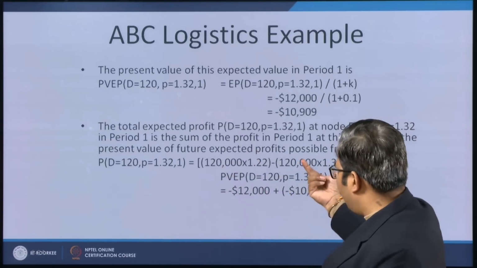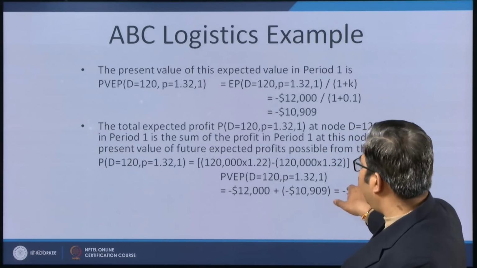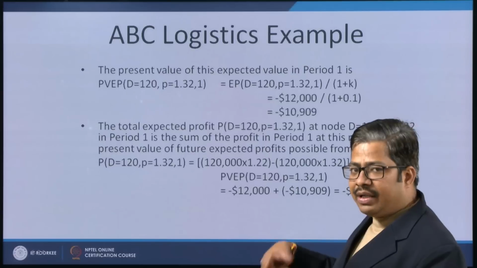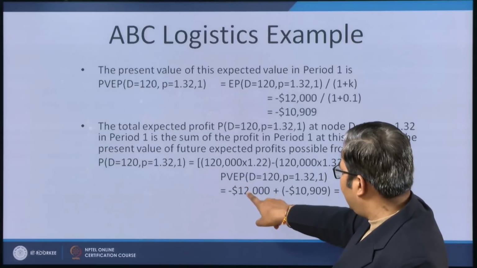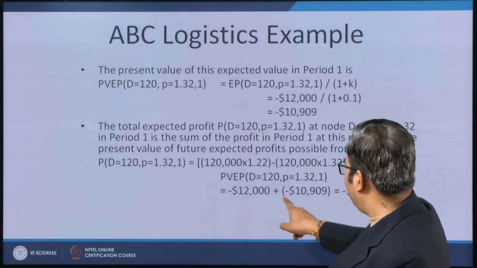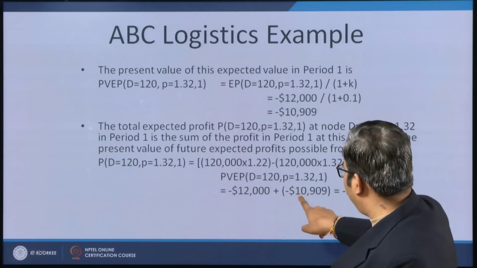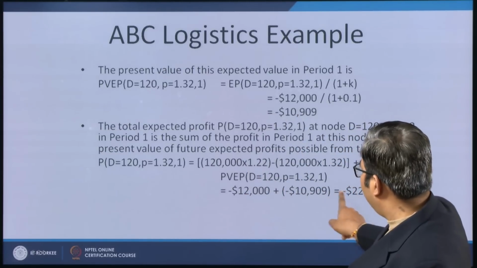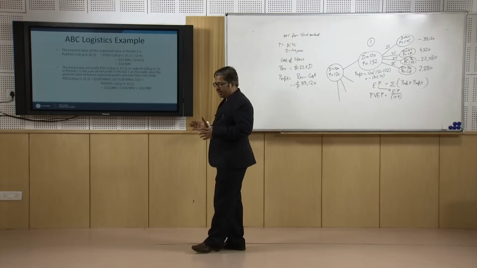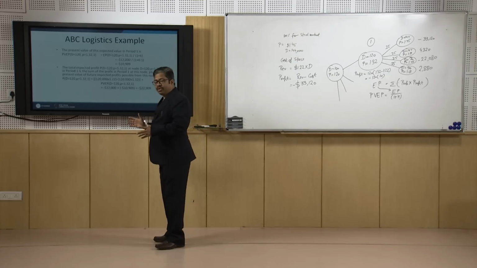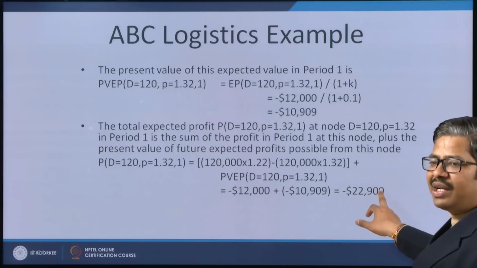So, revenue minus cost is the profit coming in period 1, plus the expected profit and its present value. So, this is coming minus 12,000 and this is coming minus 10,909. So, the total expected profit at node 1 of state 1 is minus 22,909.